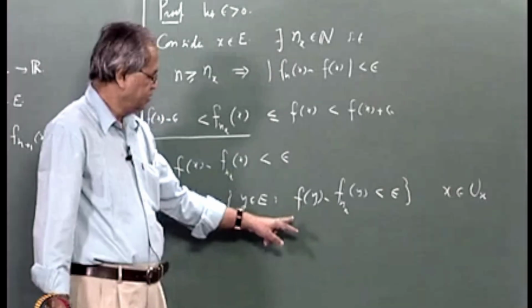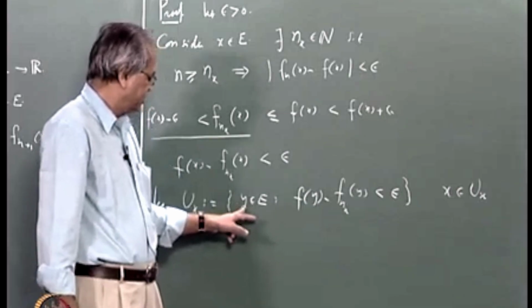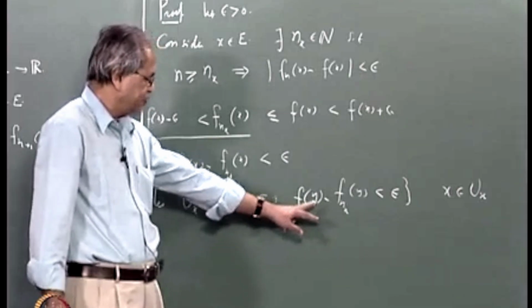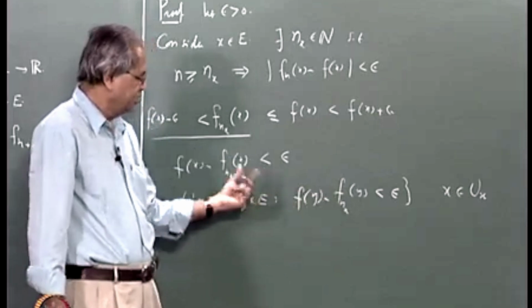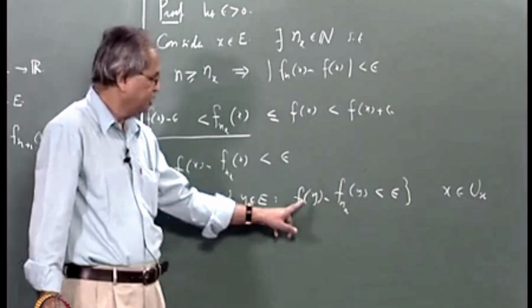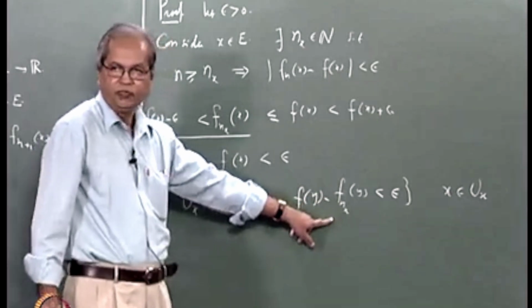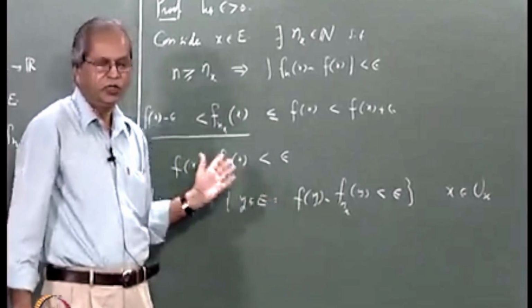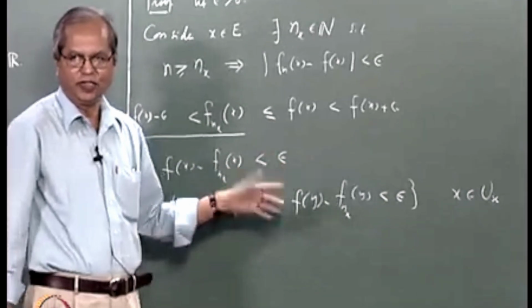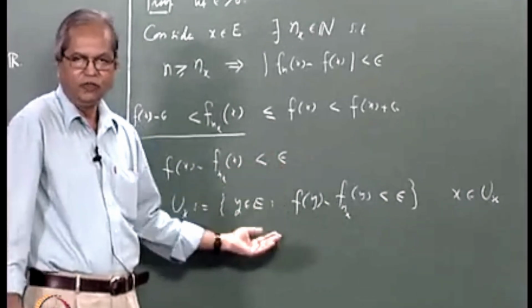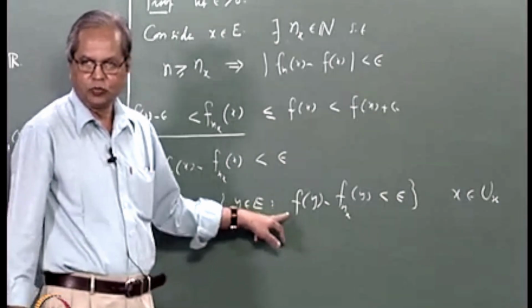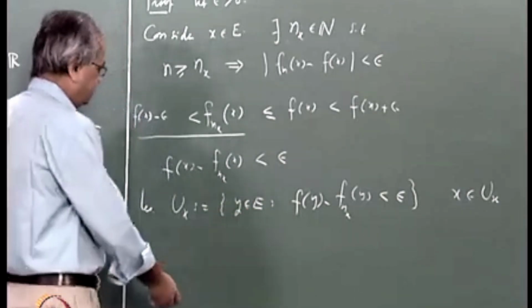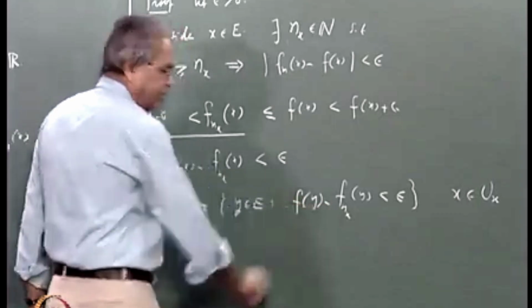This is the set of all y in E such that f(y) minus f_{n_x}(y) is less than epsilon. That means it is the inverse image, under the continuous function f minus f_{n_x}, of the interval minus infinity to epsilon, or actually 0 to epsilon. So it is an inverse image of an open set under a continuous function, so this is an open set. That is where we are using the continuity of f and f_{n_x}.